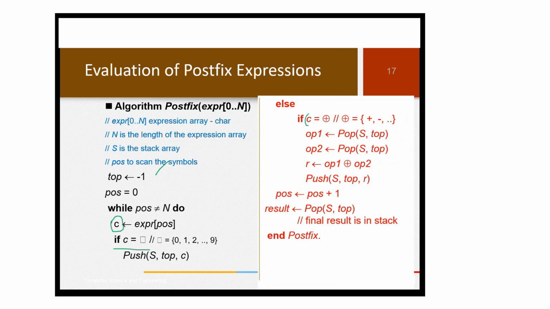So you know what the operator is, and twice if you pop, you'll get two operands, and to perform this operation plus, minus, slash, anything, you get a result, push it back into the stack as I demonstrated already. Then increment the pointer until you get n, that is until you reach the end of the expression. Then one final pop will get you the result that you can return.